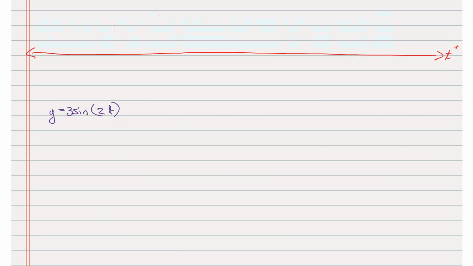The next thing I want to do is find the period. The period itself is defined by the n. So the period is going to be 2 pi divided by n, and notice that n is 2. So we get 2 pi divided by 2, and therefore our period for this particular function is simply going to be pi.